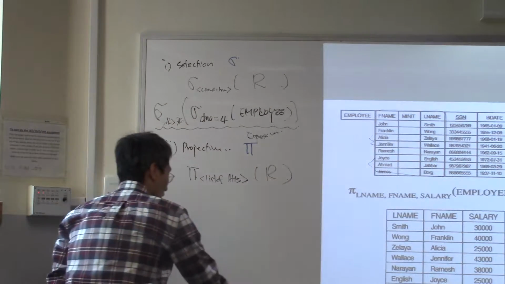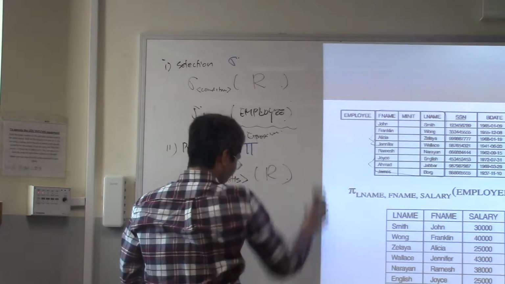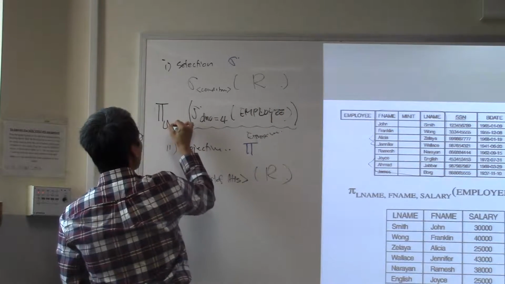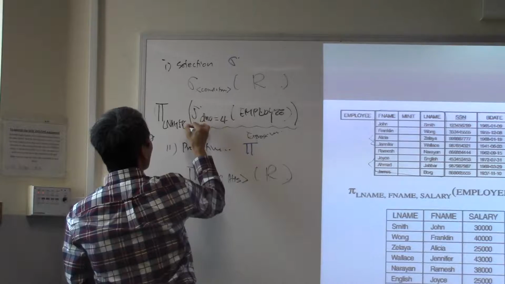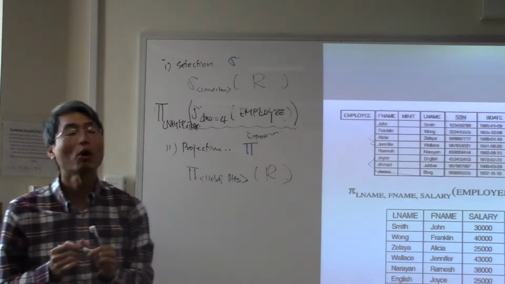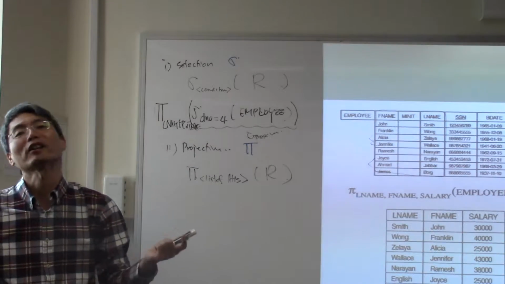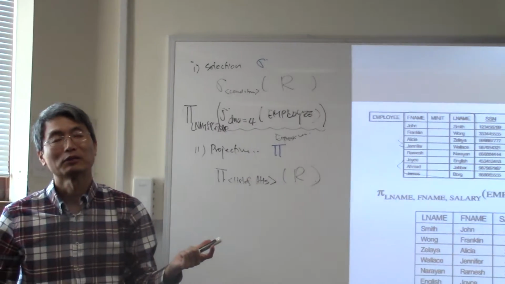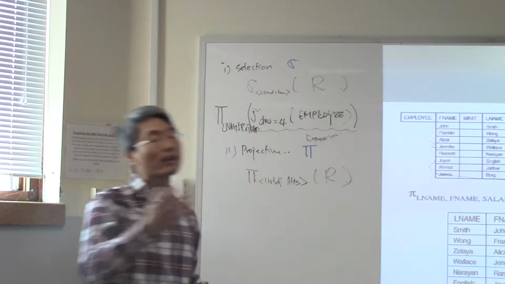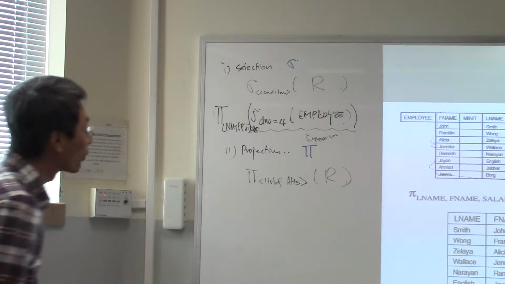You can apply projection over here, on last name, middle name initial, first name, and you can get the name of employees who are in department number 4. Any kind of query, you can convert into such a relational expression.